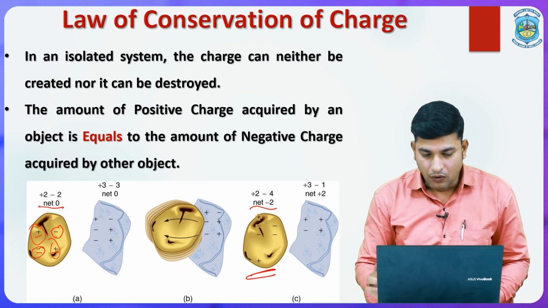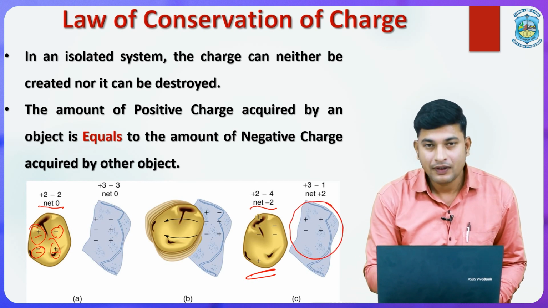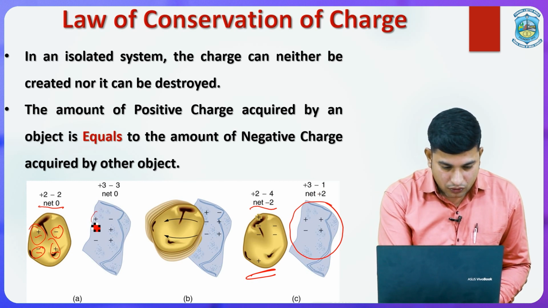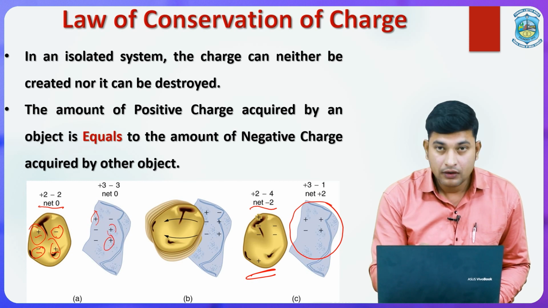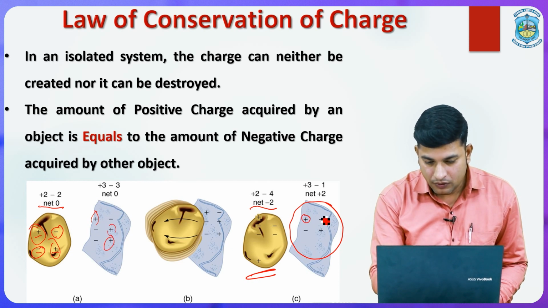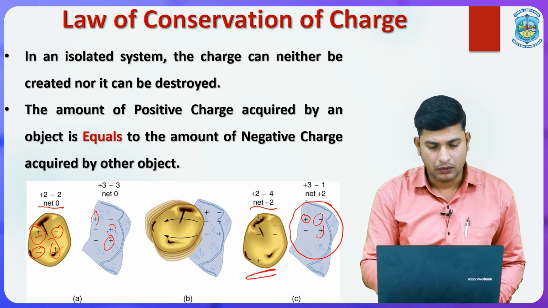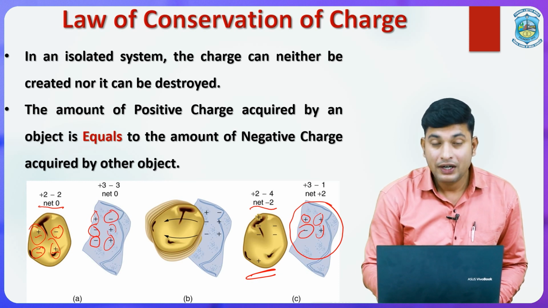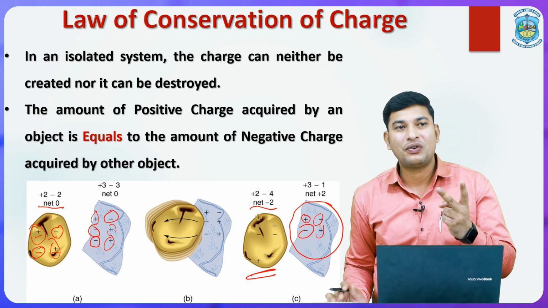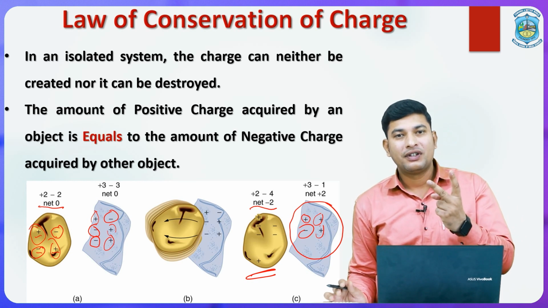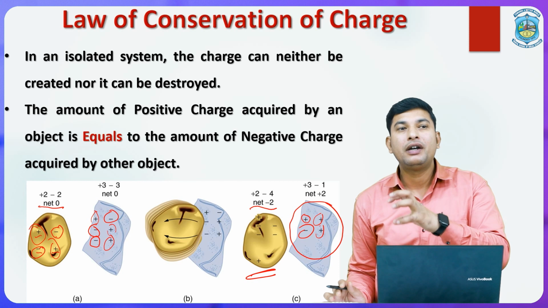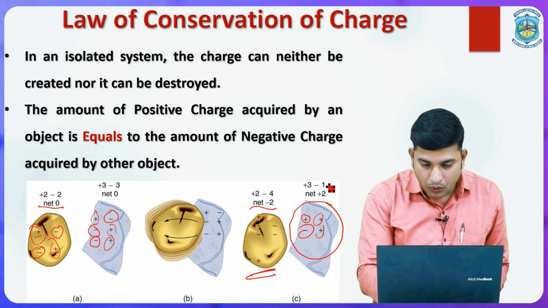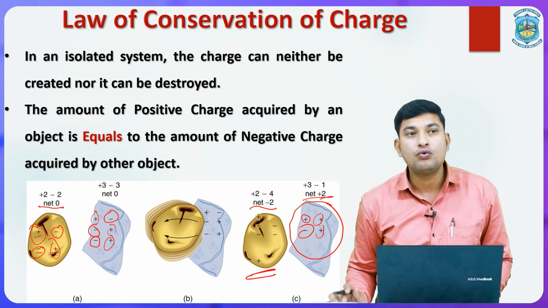Now, in the case of this cloth, see what actually happened. There are 3 protons, 1, 2 and 3, but the electrons are now only a single one. So the additional 2 electrons came out from this particular cloth, and that's why we have 2 additional protons, and the net charge is +2.